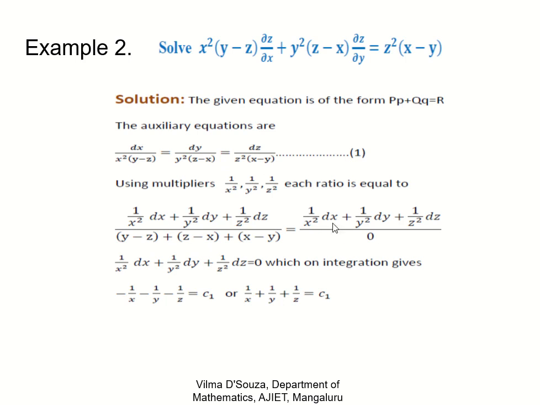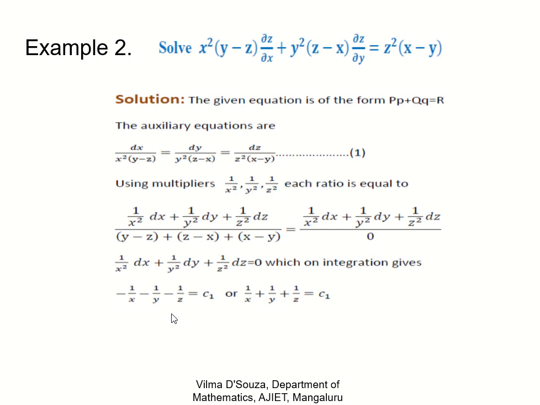So what do you get from this? 1 by x square dx plus 1 by y square dy plus 1 by z square dz is equal to 0. Integrate. What is the integration of 1 by x square with respect to x? Minus 1 by x. Integration of 1 by y square dy with respect to y?